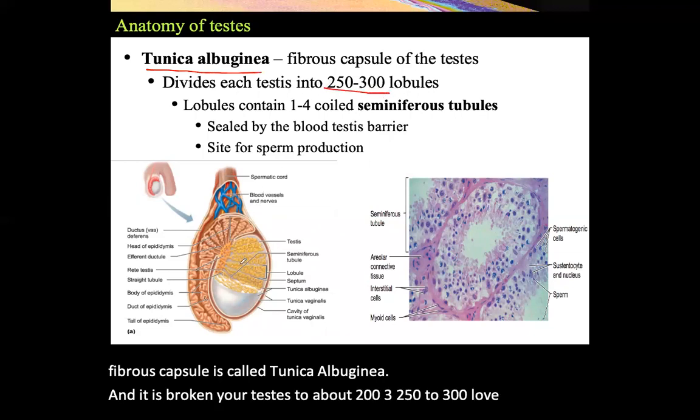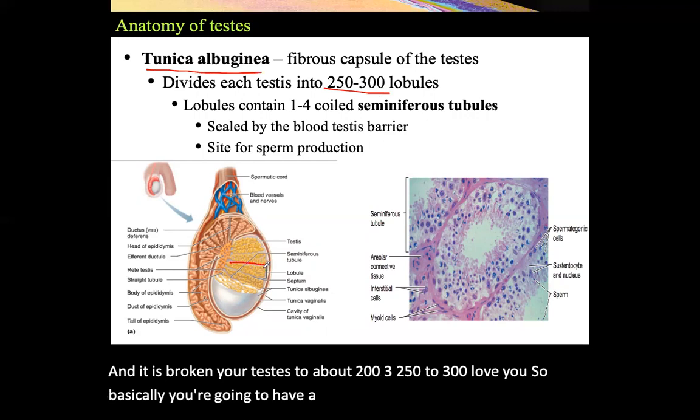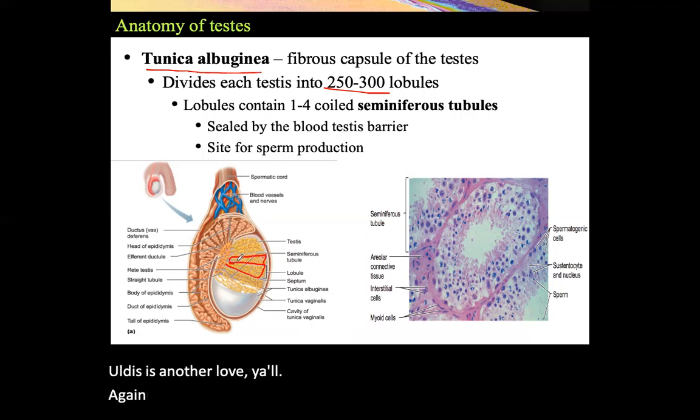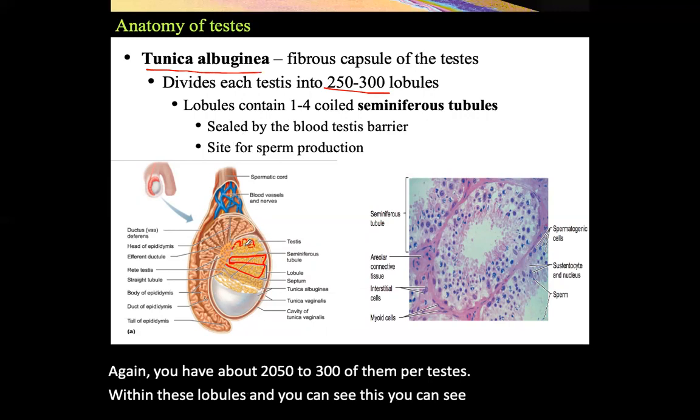So basically you're going to have small segmentation. This is one lobule, this is another lobule, and you have about 250 to 300 of them per testis.